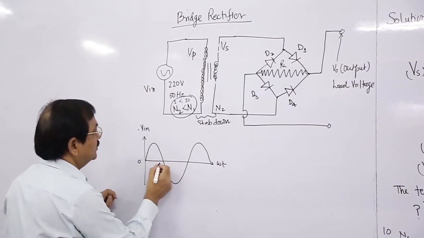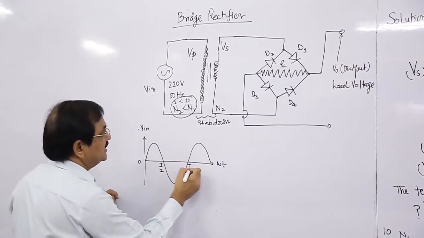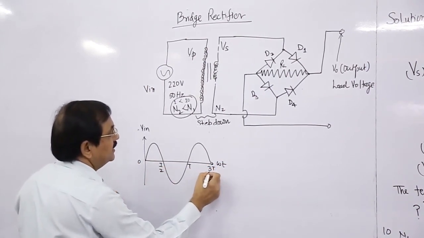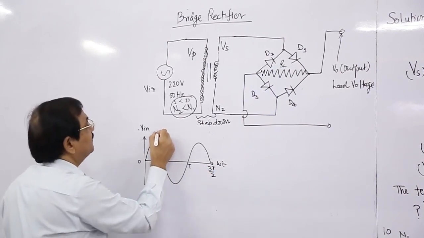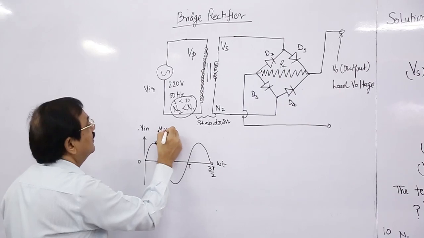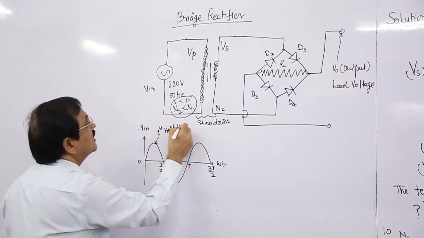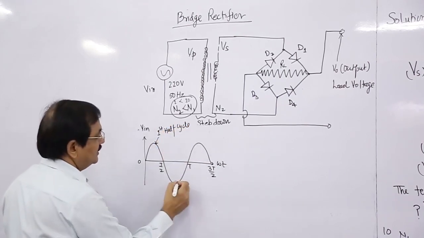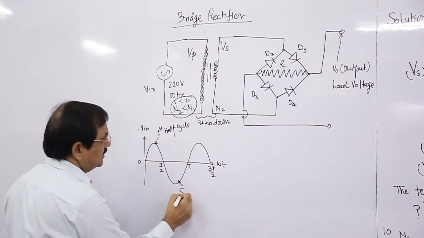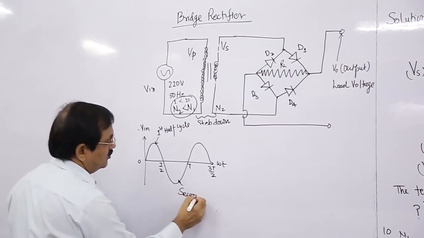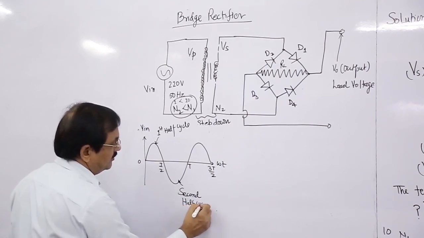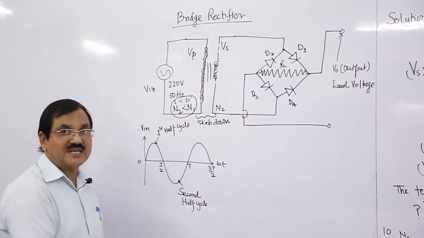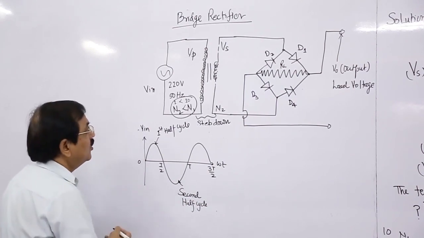So this is 0, this is T by 2, this is T, and this is 3T by 2. So this part is termed as first half cycle, and this is termed as second half cycle.